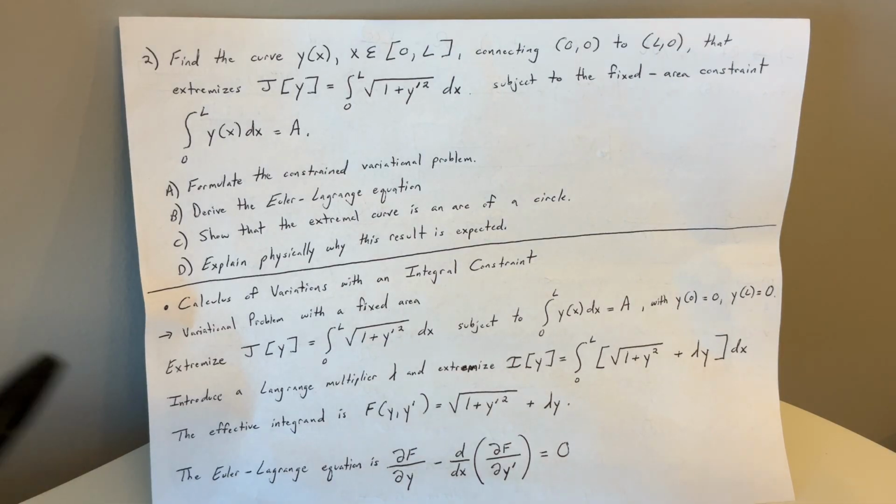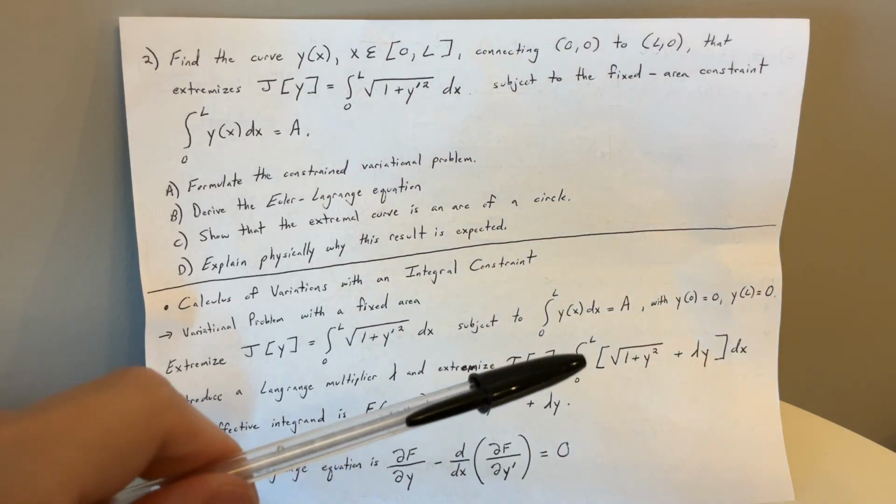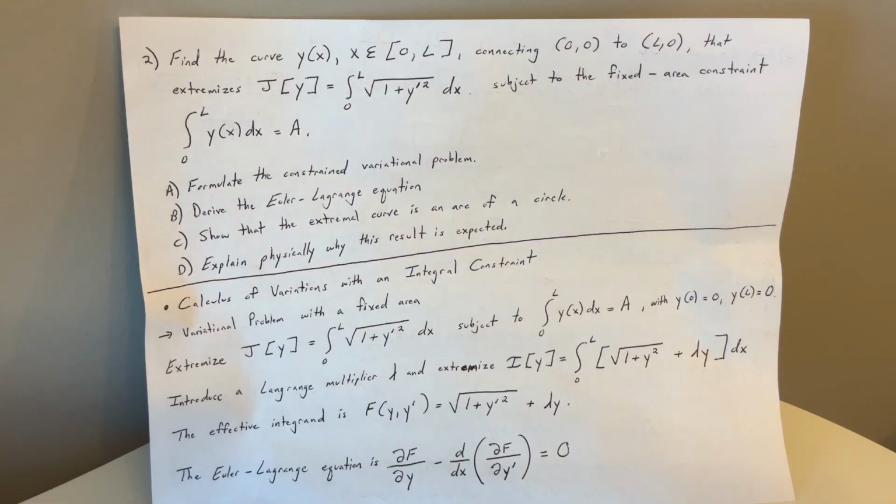So what we're going to do is introduce a Lagrange multiplier, lambda, and extremize the functional script I of y. Set that equal to the integral from 0 to L of the bracket, square root of 1 plus y prime squared plus lambda y, close bracket, dx.